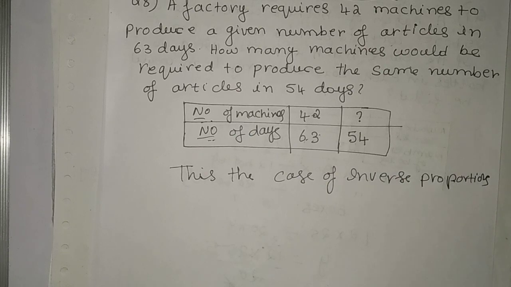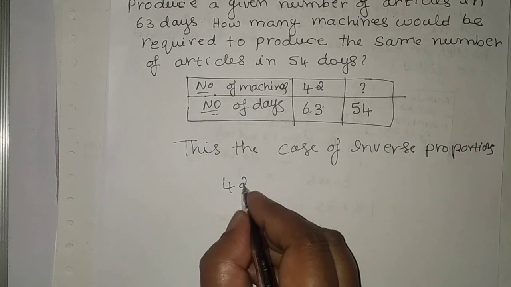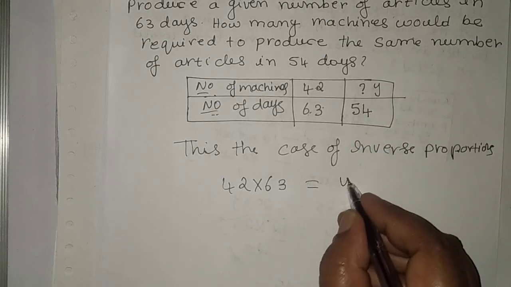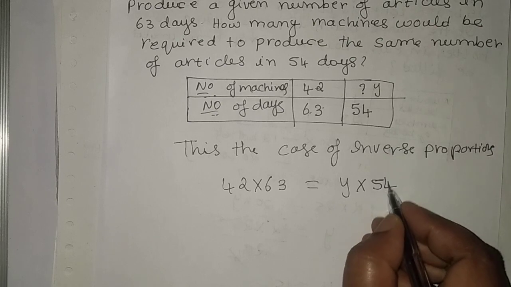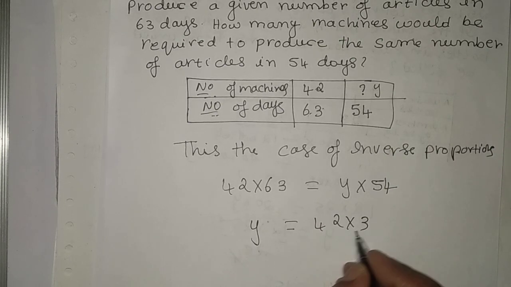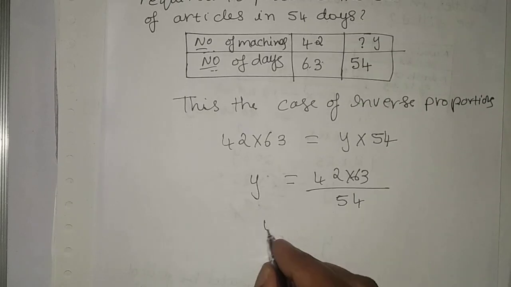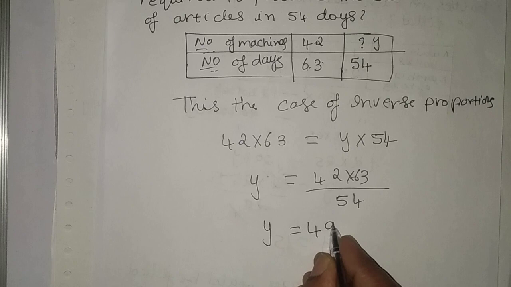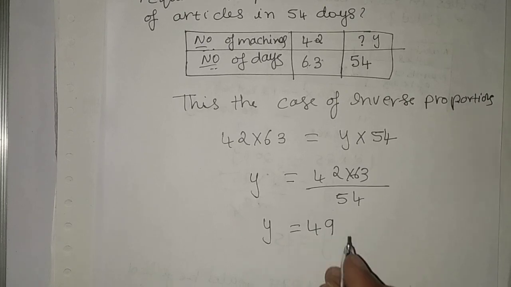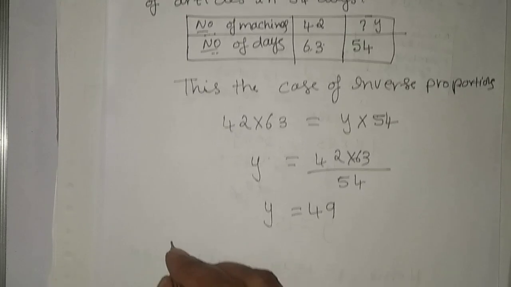Next we'll take 42 into 63 is equal to y into 54, therefore y is equal to 42 into 63 by 54. Simplify this, we'll get y is equal to 49. So the number of machines required to produce the same number of articles in 54 days is 49.